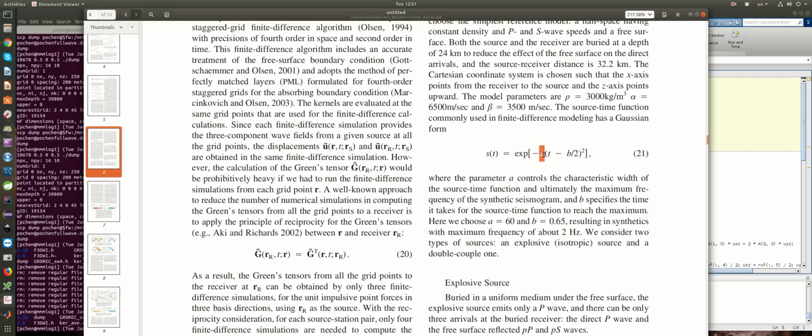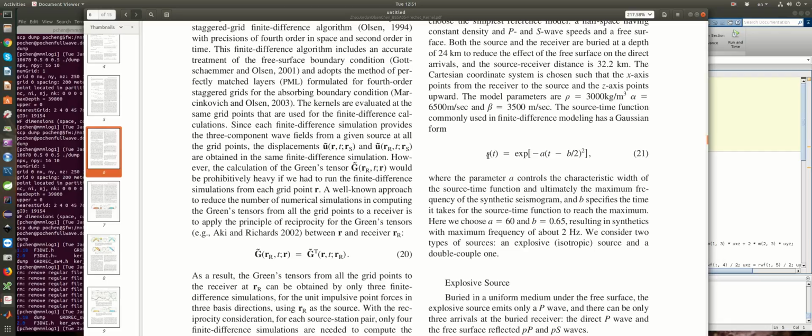It's got two parameters, A and B, right? Half of B is the time shift of the Gaussian, and A is the inverse of the width of the Gaussian. So A equals 60 and B equals 0.65, right?